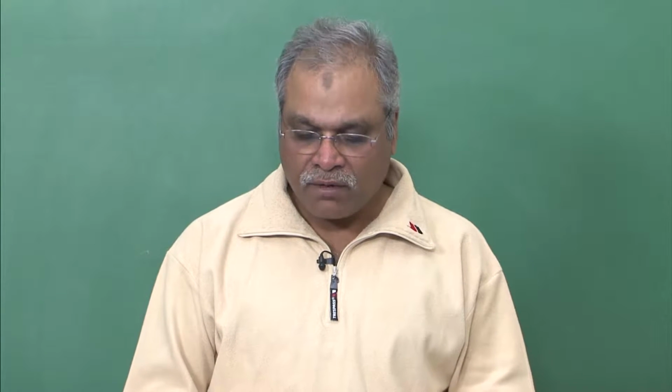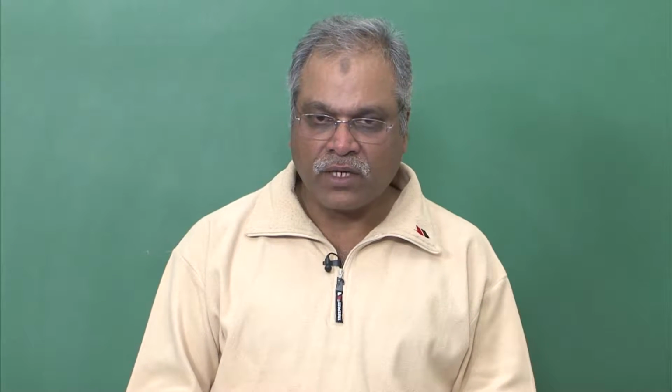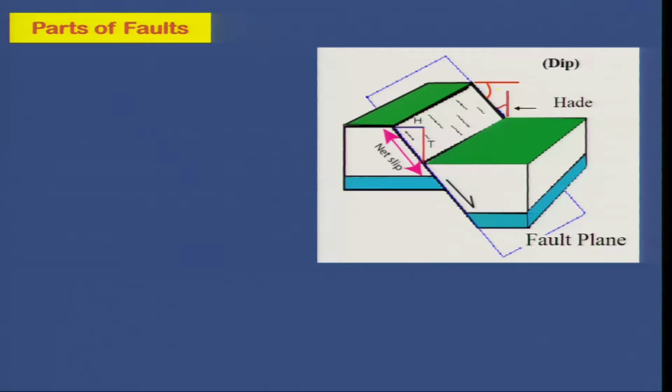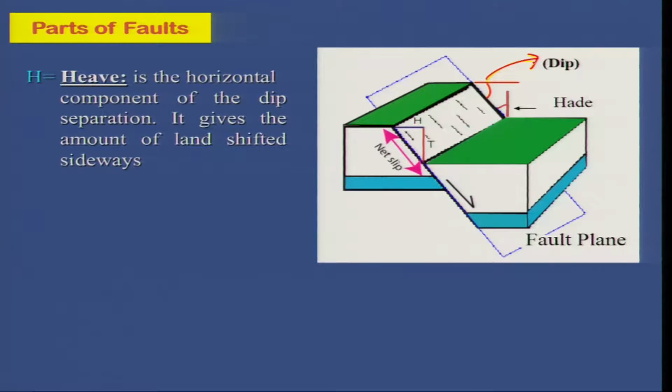With respect to the horizontal, this is the dip, that is the angle with respect to your horizontal. And then we have the heave. Heave is the horizontal component of the dip separation, that is, how much horizontal movement has taken place. There is a separation of the land.